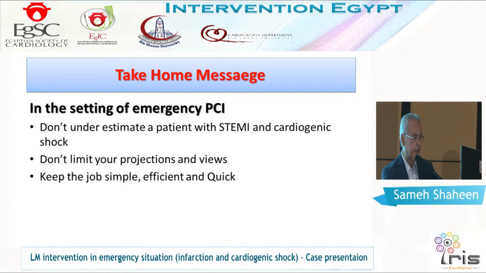Don't limit your projections and views, because there might be some hidden lesions that might not be appreciated in the first views in these emergency situations. Take your time after fixing the main problem to take other views in order to be sure that everything is okay. And the final message is to keep the job simple, efficient, and quick.